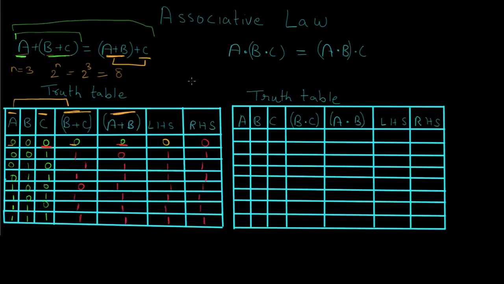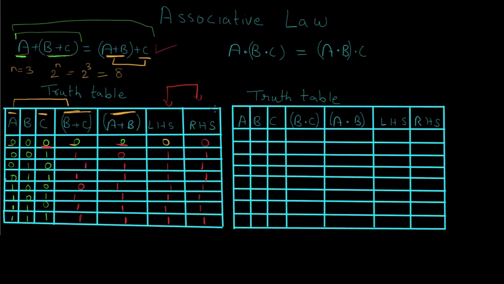Okay, so I'm done completing this table. As you can see, if you compare the LHS and RHS columns, all the values are equal to each other. That is, in all cases they are equal, proving that this expression is correct. So we just proved one expression. Let's go ahead and prove the other expression.